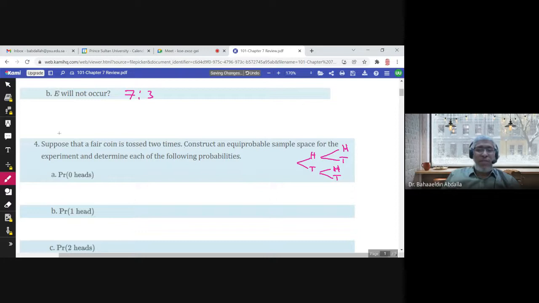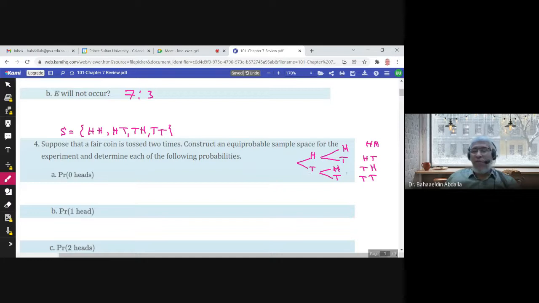So S in this case, the sample space consists of HH, HT, TH, and TT. Okay, HH comes from here, HT comes from here, TH comes from here, the first T and the second H, and TT from here.